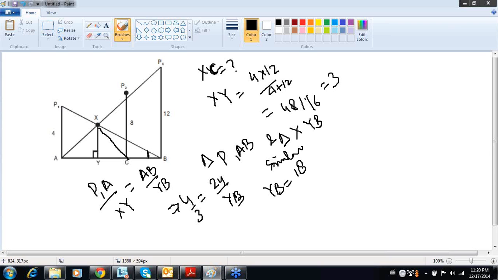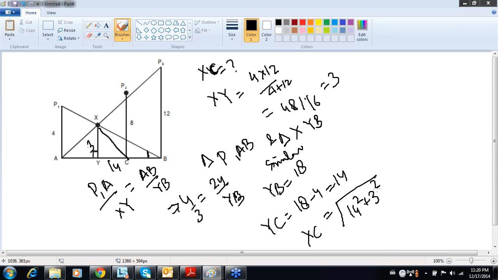18. So YC will be what? 18 minus 4 is equal to 14. So YC we know is 14. We know XY as 3. So XC will be under root 14 square plus 3 square. Sorry, YC is 18 minus 14, that is 4.